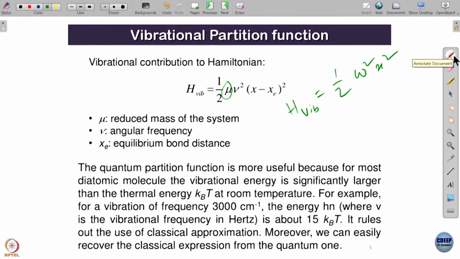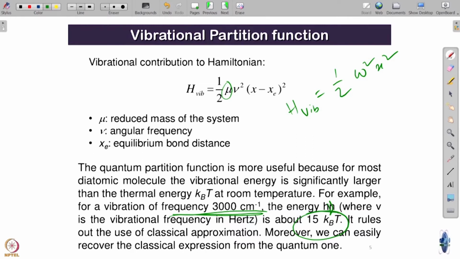Now, the quantum partition function is needed when you have light atomic molecules. This is very important. For example, for a vibration of frequency 3000 centimeter inverse, the energy h nu of the vibrational frequency is about 15 kBT.